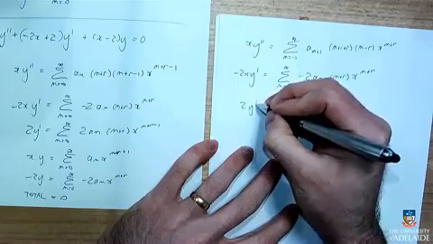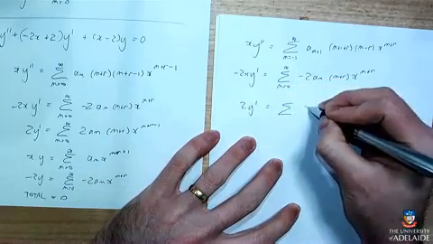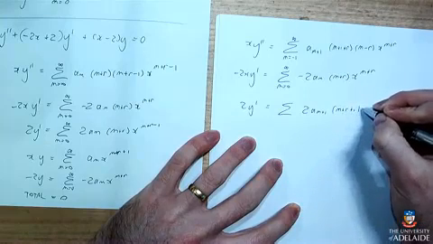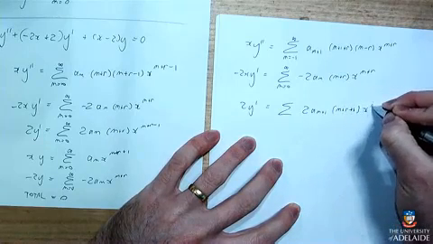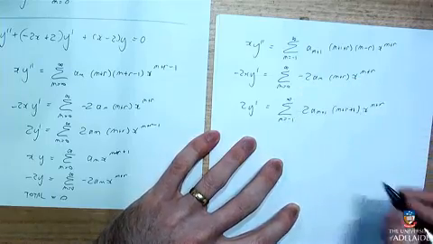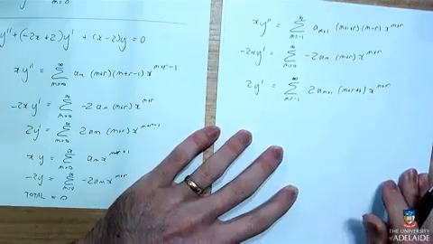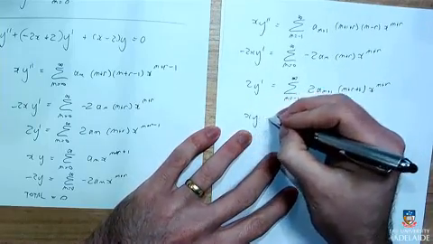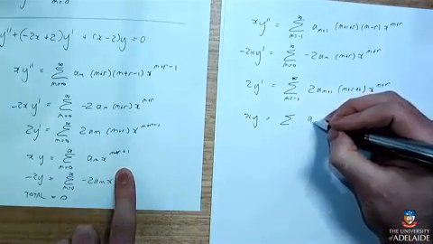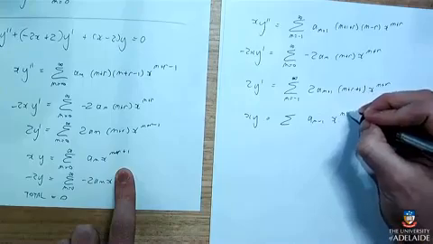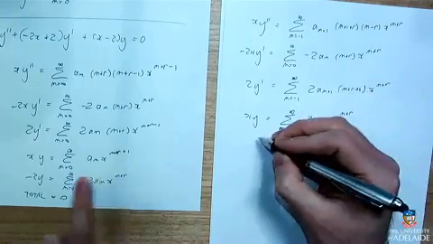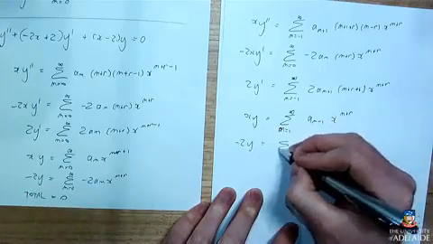This one needs to go up 1 as well. And therefore this one will go down 1. And the x times y has to go down 1 because before it was an r plus 1. So a_(m minus 1), and that's going to start at 1. And this one stays the same.